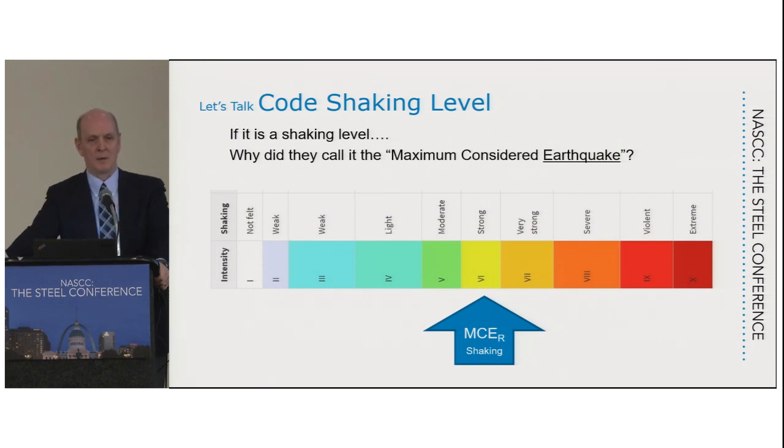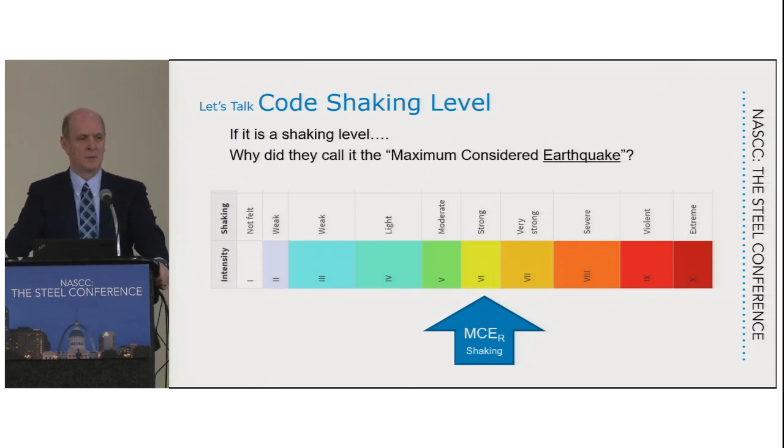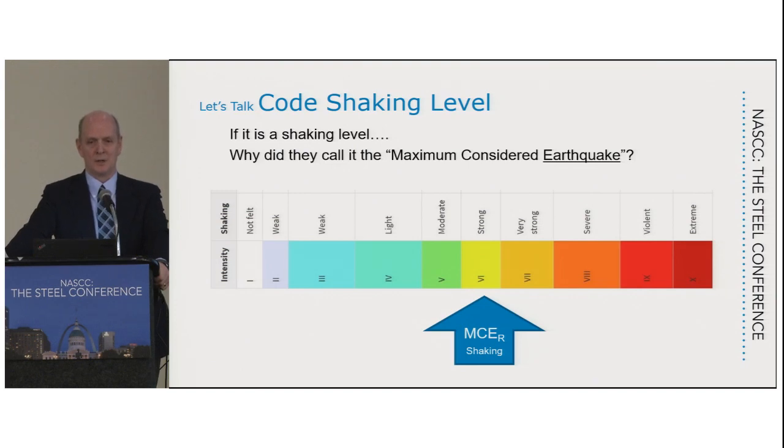And way too many times, including many times at this conference, I have heard engineers talk about designing to this earthquake. My message today is we should call this the maximum considered earthquake shaking intensity or ground motion. In technical terms, it's called a response acceleration.